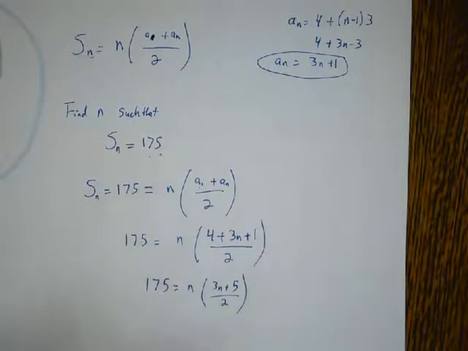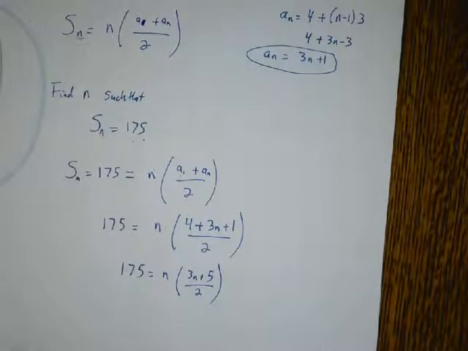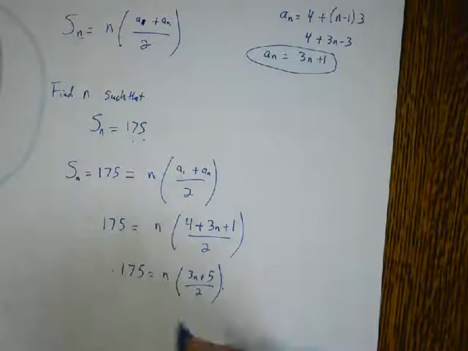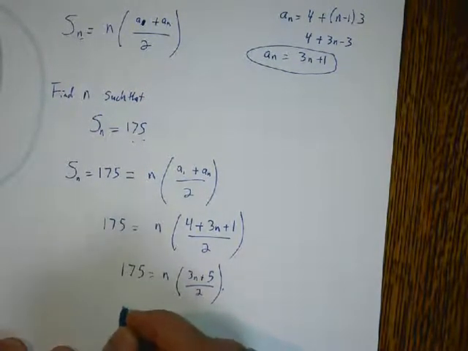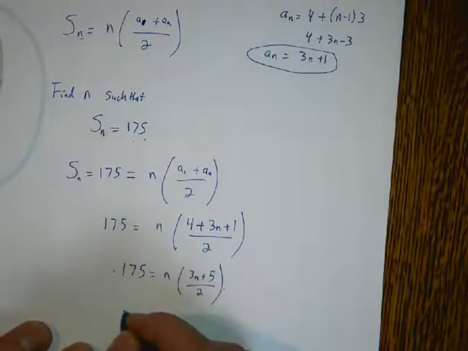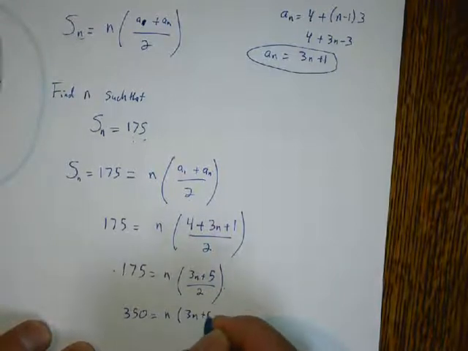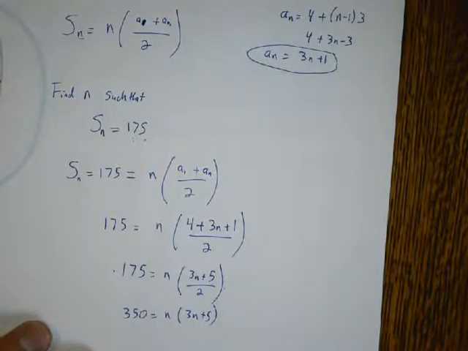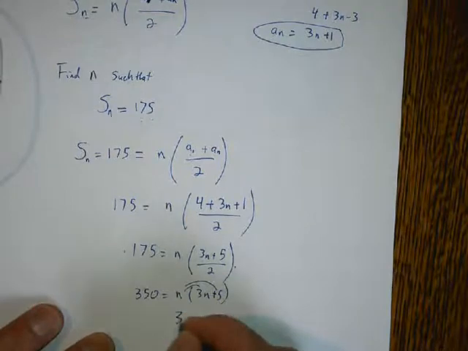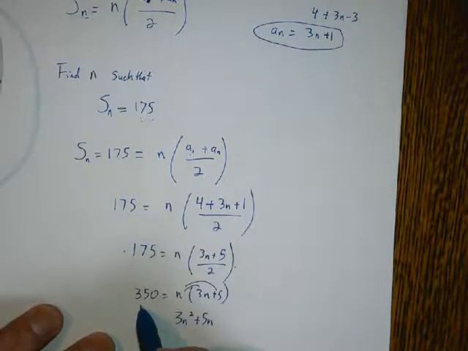So now we have to figure out how do we solve this? Well, we've got to multiply both sides by 2, and I get 350 is n times 3n plus 5. What now has to happen is we have to distribute: 3n squared plus 5n, and then I've got to set it equal to 0, so I move the 350.